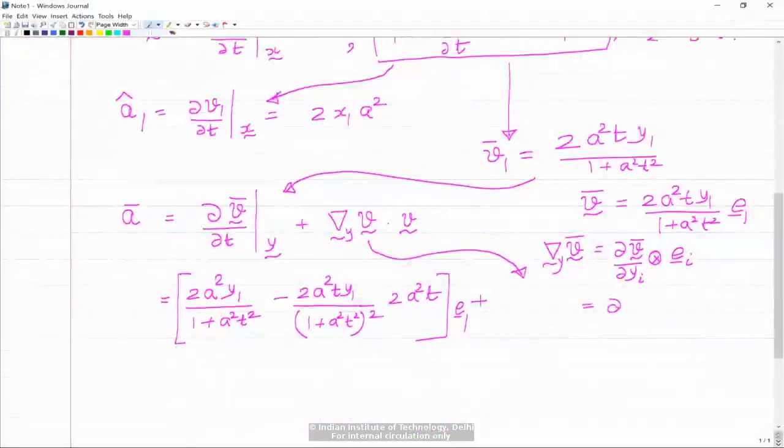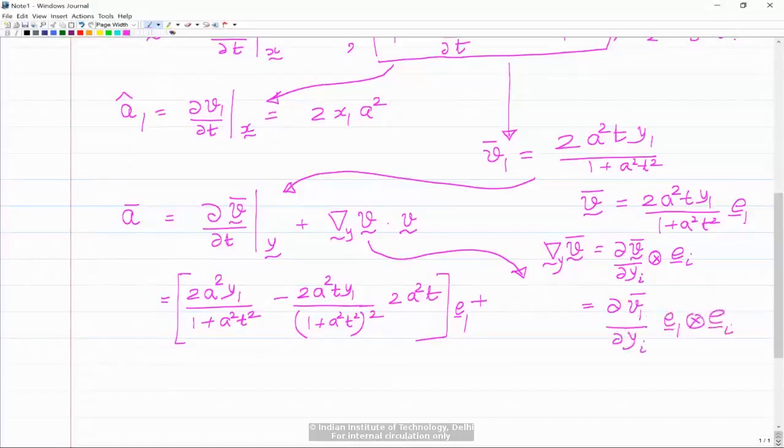So we can say it is just del V bar 1 over del yi into E1 tensor product Ei. Correct? Because V bar is simply V1 E1. But then you see that V1 bar is only dependent on y1.